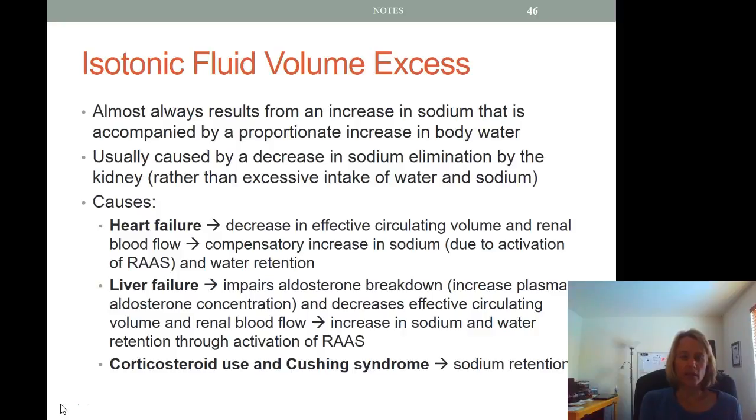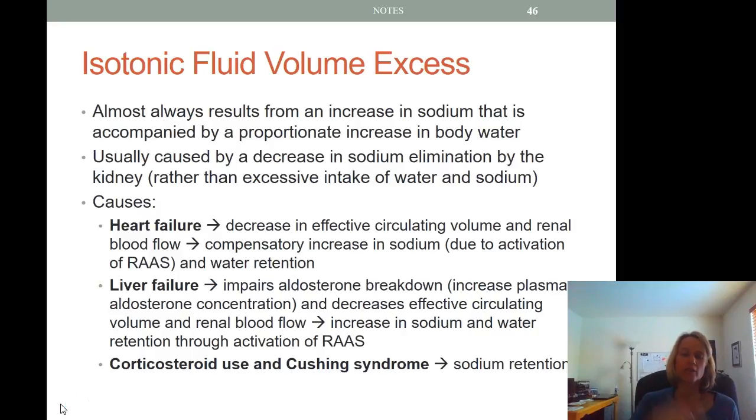We can also have isotonic fluid volume excess, and this almost always results from an increase in sodium that then is accompanied by a proportionate increase in body water. This is usually caused by a decrease in sodium elimination by the kidney rather than excessive intake of water and sodium. So some of the main causes, we see this with heart failure.